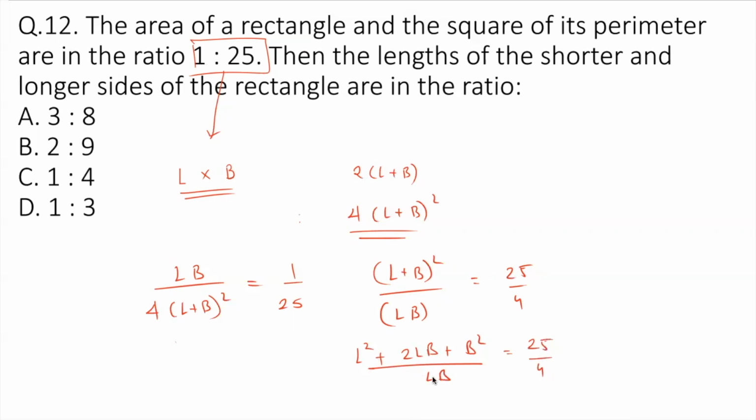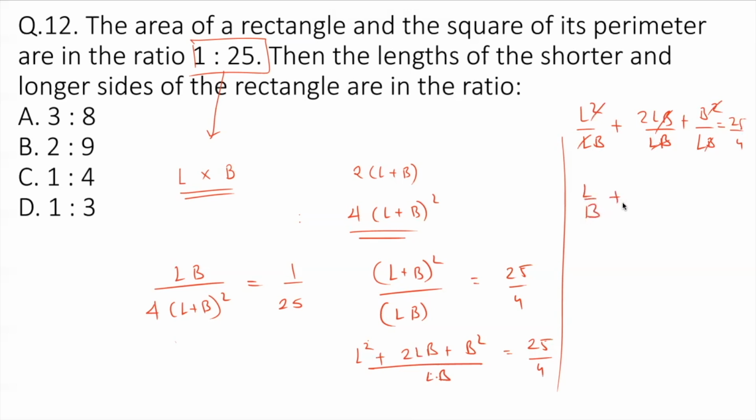Now you can separate the denominator: L square upon LB, plus 2LB upon LB, plus B square upon LB is 25 by 4. L and L cancel, LB cancel, B and B cancel.